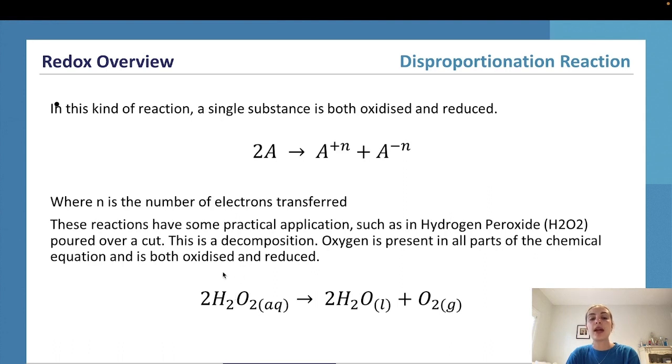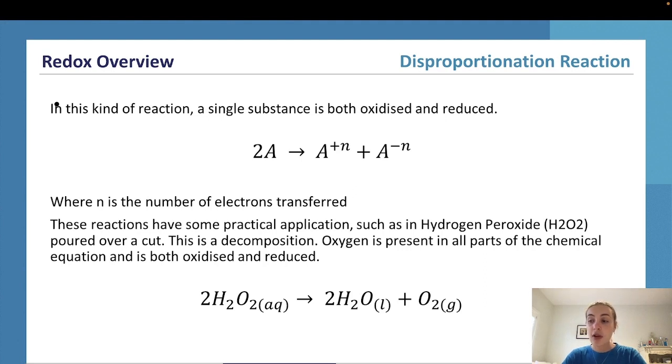When we're breaking this down into its oxidation and reduction, we can identify here that we have some exceptions to some of our rules. We know that in our rules, hydrogen is going to have a +1 charge, and oxygen is going to have a -2 charge.